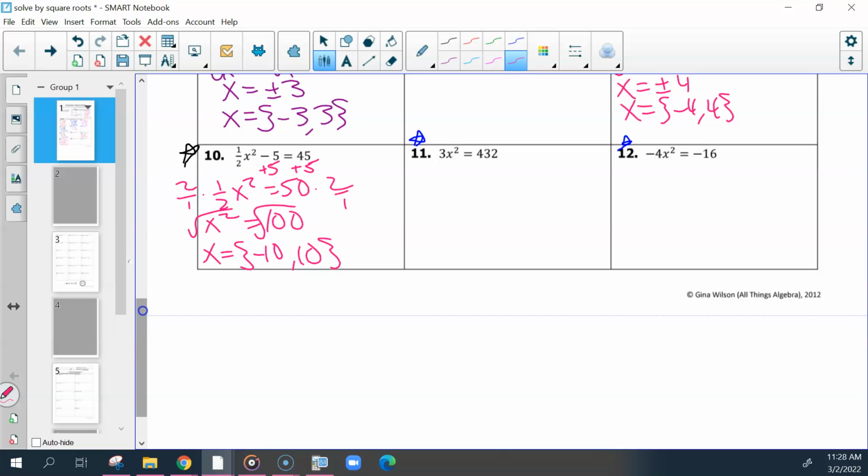I did skip writing the plus or minus 10 just because I didn't have space, which is fine for you to do. Go from this step to this step, that is fine. Sometimes you may still want to write it out just to make sure you have the right numbers.